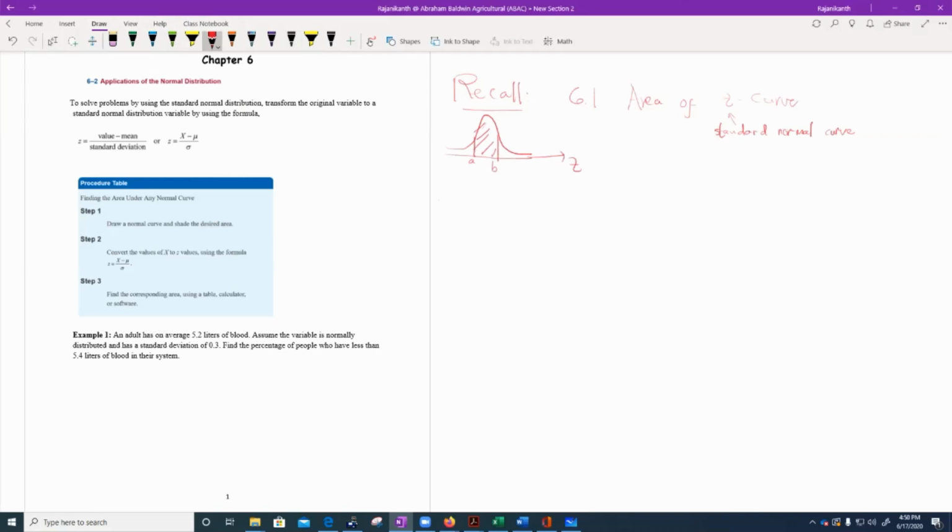Now here in 6.2 we are going to find the area between two normal distributed curve values. Here we are going to look at just a normal distribution.